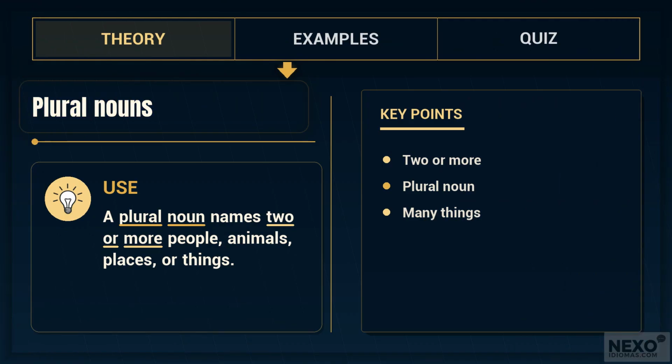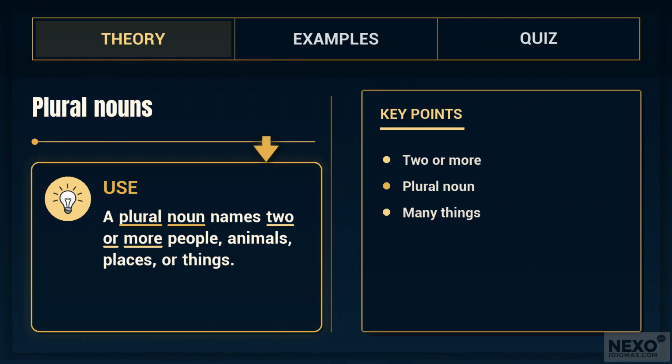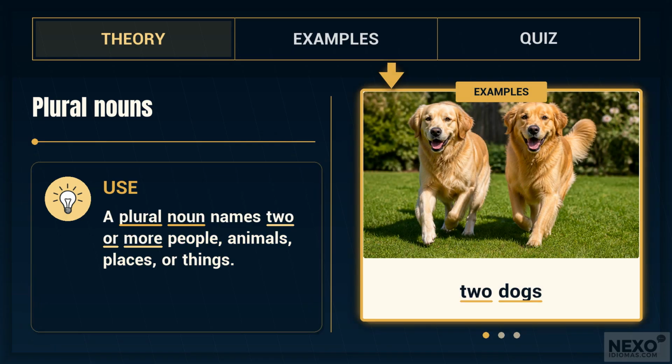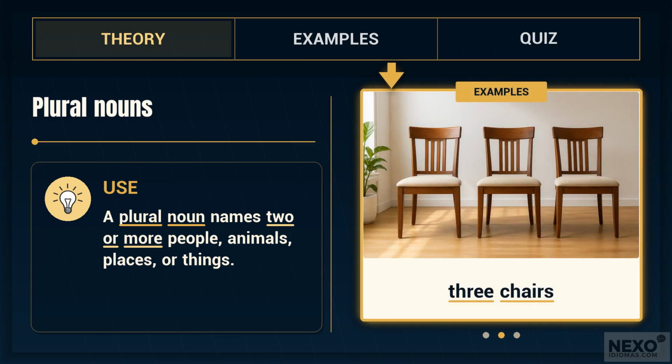Plural nouns. A plural noun names two or more people, animals, places, or things. Example. 2 dogs. Example. 3 chairs.